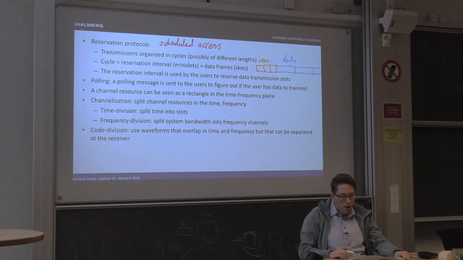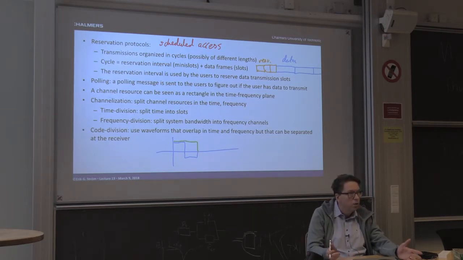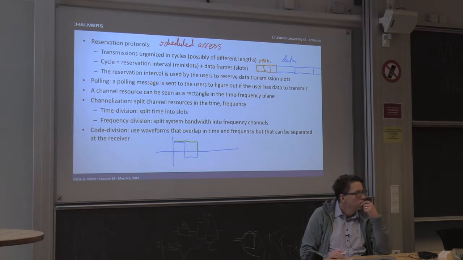To see that this is the case, we take two signals, for instance this signal and the green signal here. These two signals are orthogonal to each other, meaning that if we take the product of them and integrate, we get 0. That means we can use linear techniques to filter out the green and the blue pulses, even if they overlap, and we can figure out the amplitudes of those.